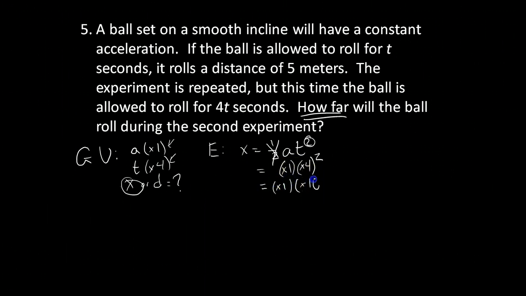So it's like multiplying by 16 here. So 1 times 16, that's like multiplying your x by a factor of 16 somehow. So x is going to have to be multiplied by 16, just so that we can get this a, which is being multiplied by a factor of 1, and then this t squared, which is being multiplied by a factor of really 16 here. So we've got to make sure to include that.